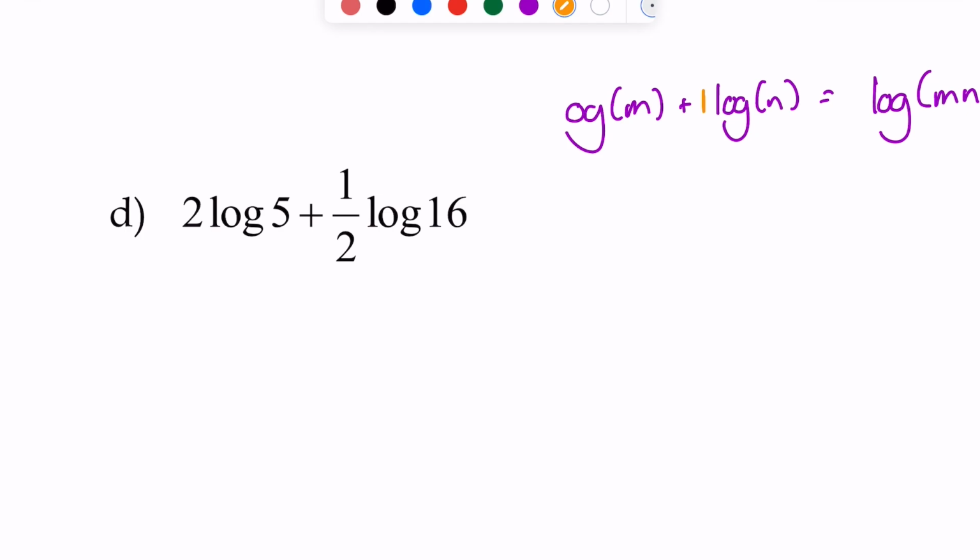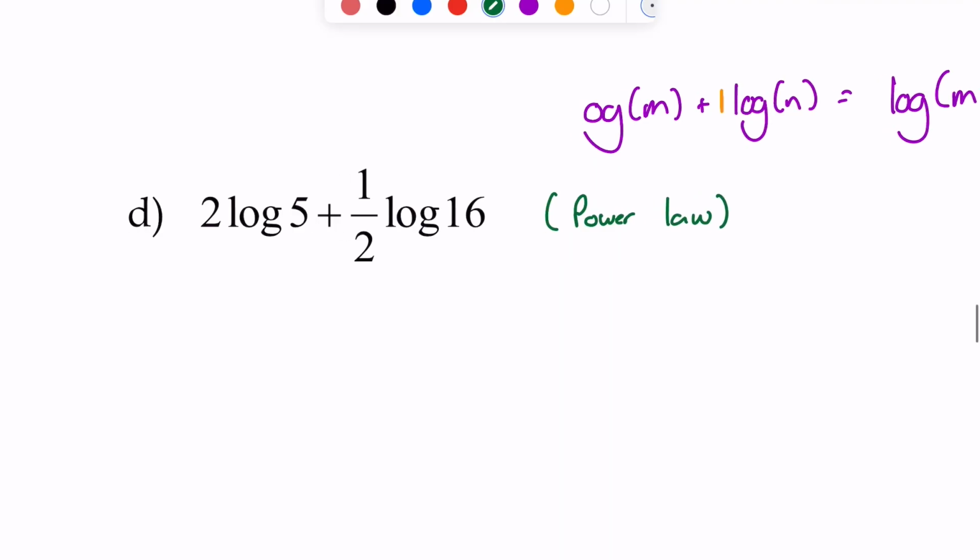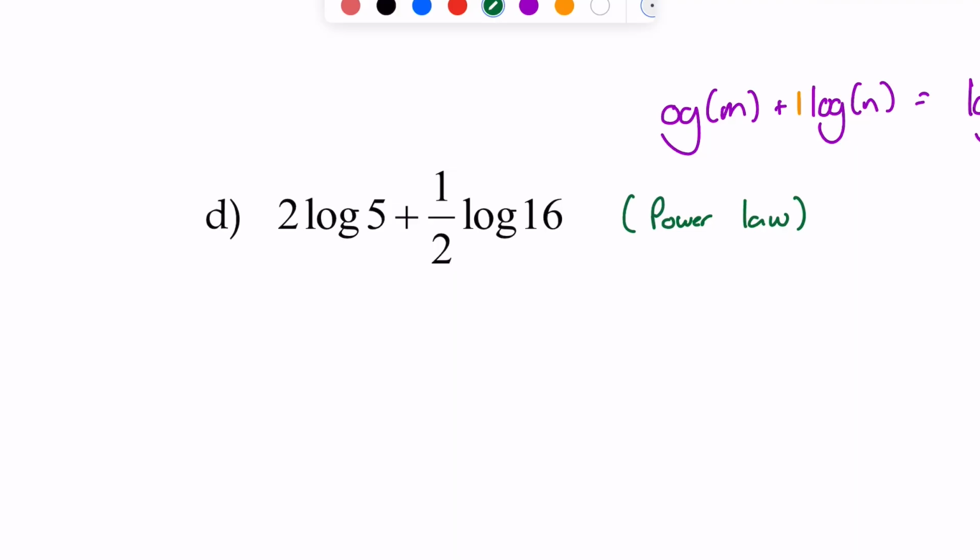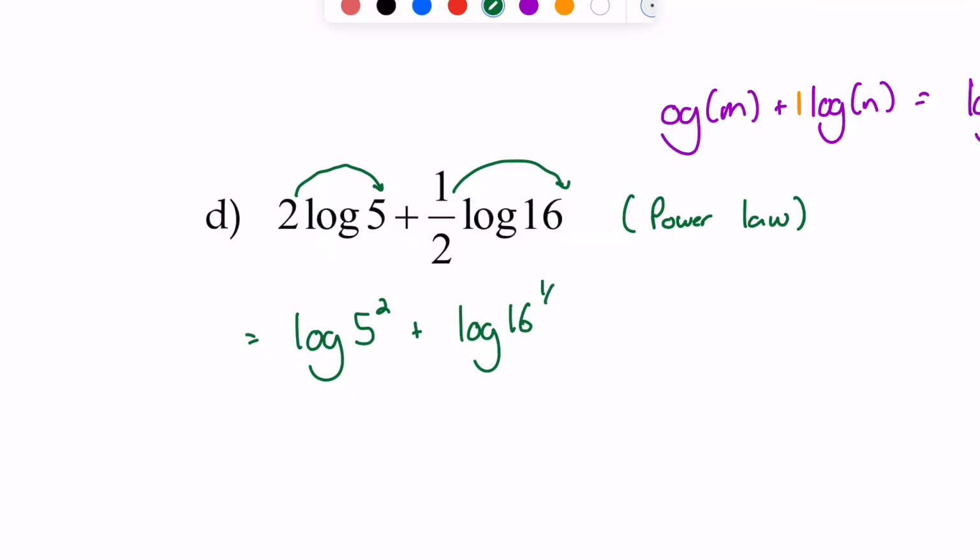So my first step is to apply my power law. I'm going to undo those 2 and that half that you see in front, and put them back up top of the logarithm. So I will rewrite this as log 5 to the 2 plus log 16 to the half.